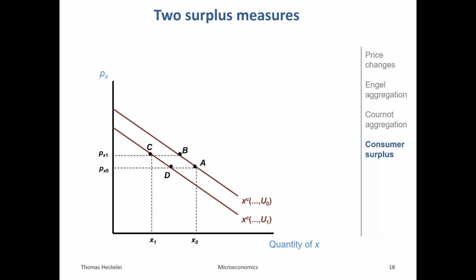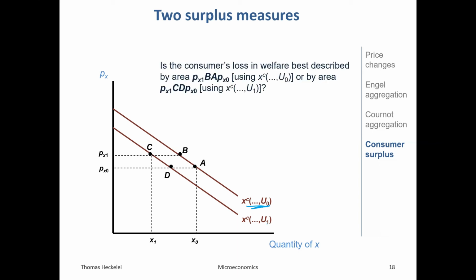Now, if we focus on this demand curve, which has to do with the original utility level U0, then we are actually talking about the compensating variation, right? So the compensating variation is CV equals Px1 B A Px0. So it's actually this area.